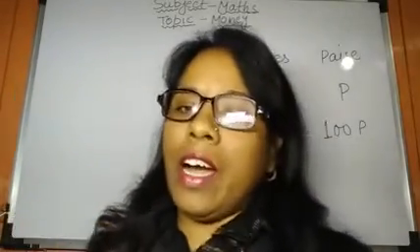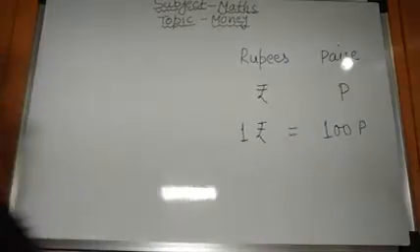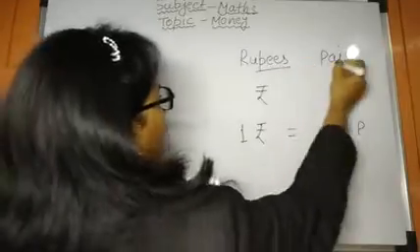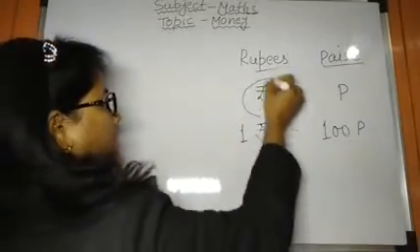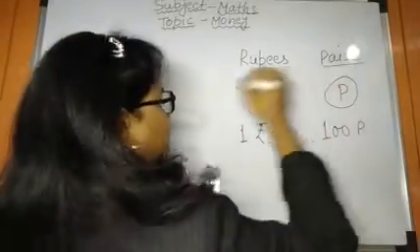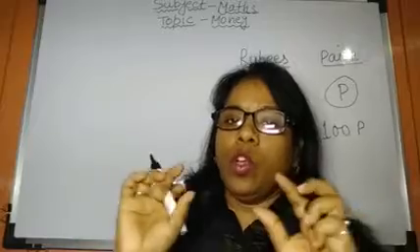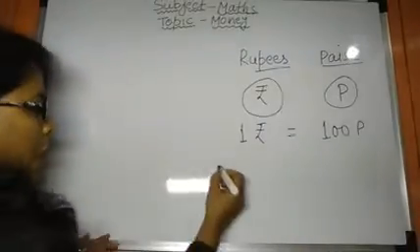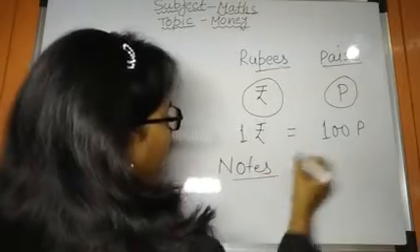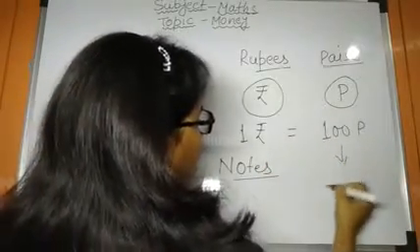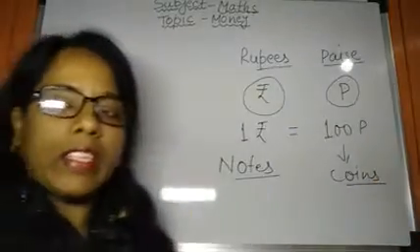In our India, the currencies used for money are rupees and paise. The symbol of rupees is this and the symbol of paise is this. When we talk about notes, they are in rupees, and these are coins, in paise.